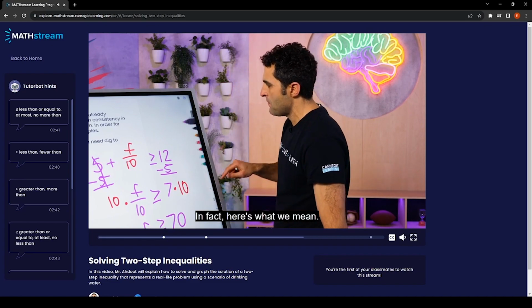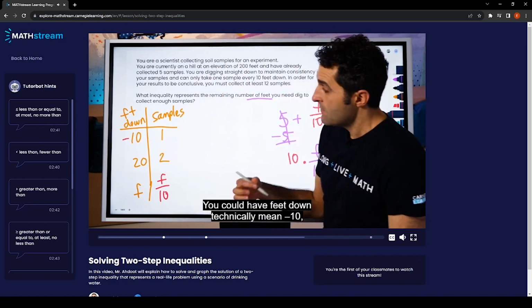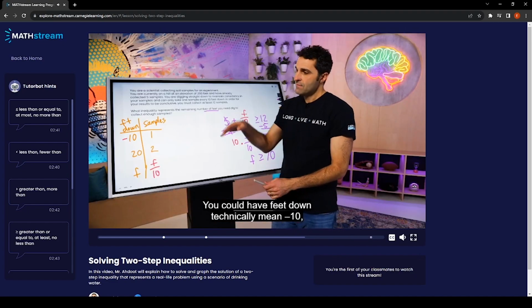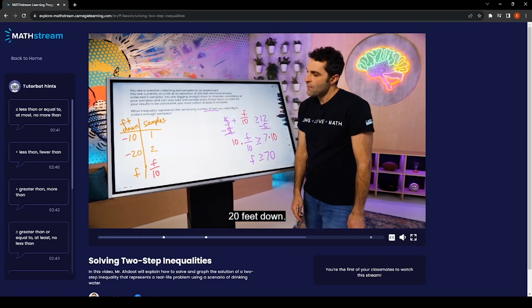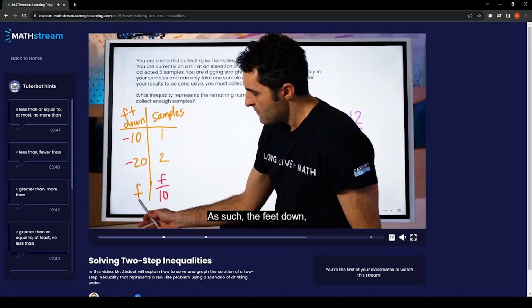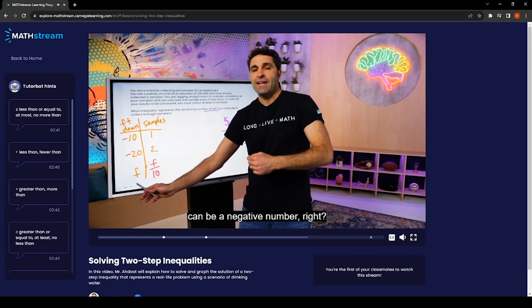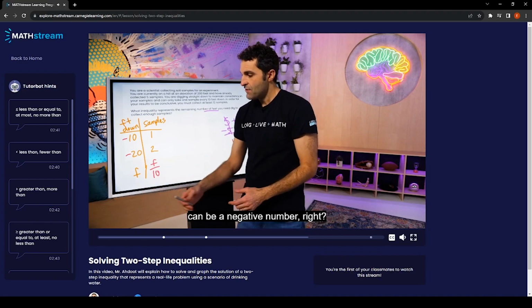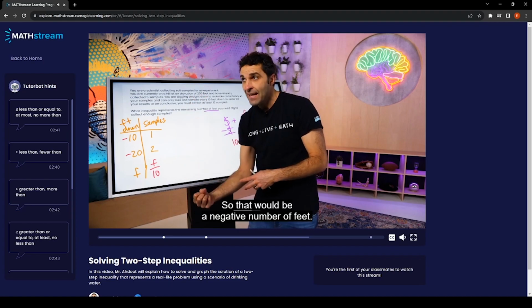In fact, you could have feet down technically mean negative 10 feet down, 20 feet down. As such, the feet down, if you're going to be technical about it scientifically, can be a negative number, all right?